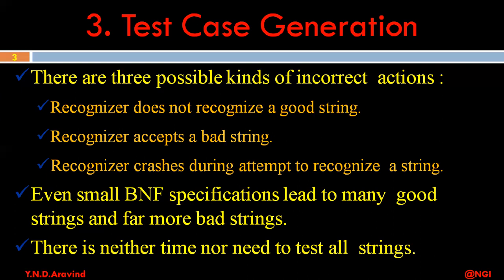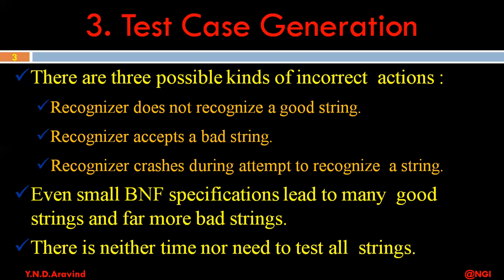In this approach, there are three possible kinds of incorrect actions that may arise. One is the recognizer does not recognize a good string, or the recognizer accepts a bad string, or the recognizer crashes during the attempt to recognize a string.